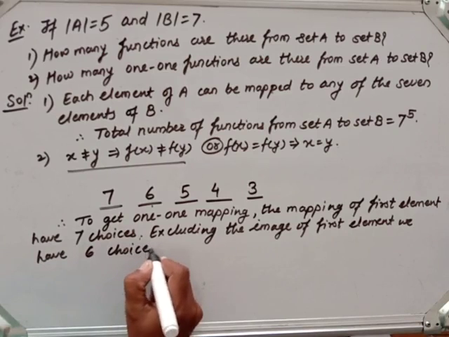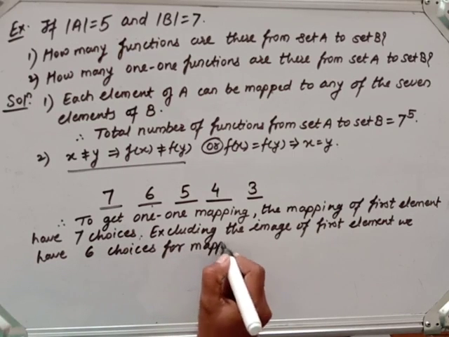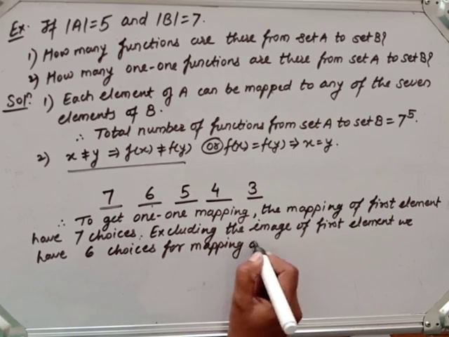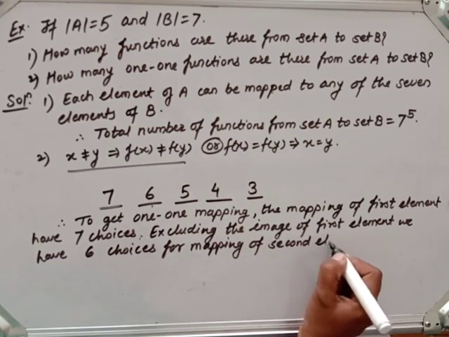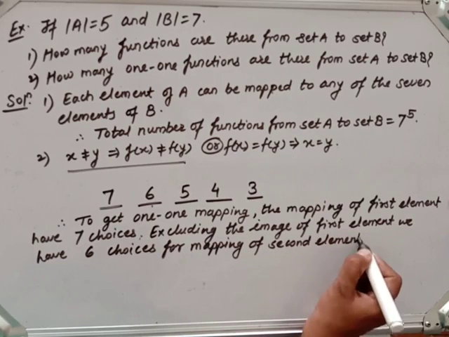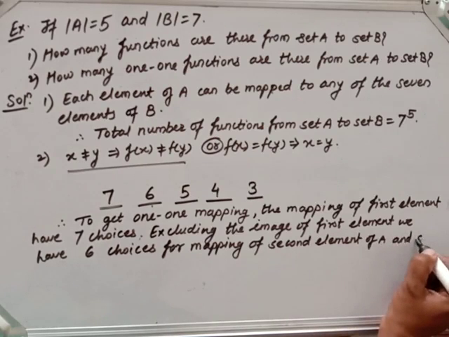We have 6 choices for mapping of the second element of A, and so on.